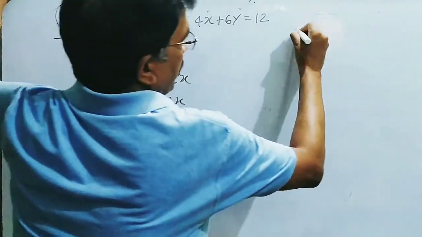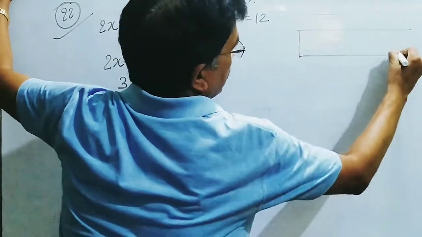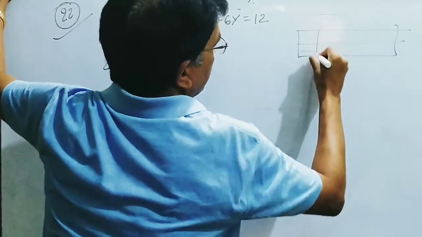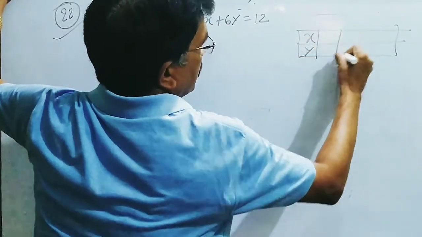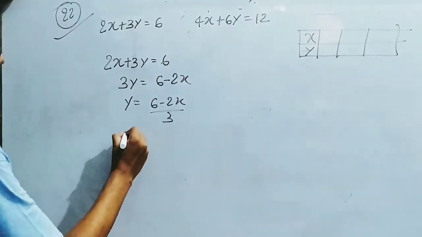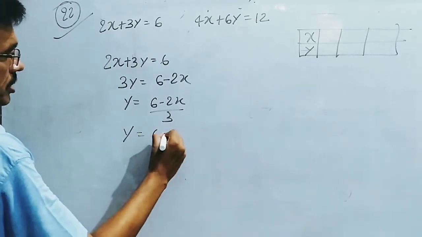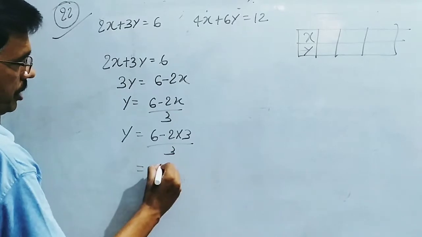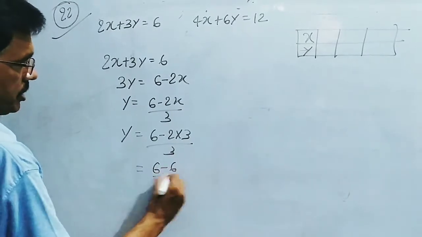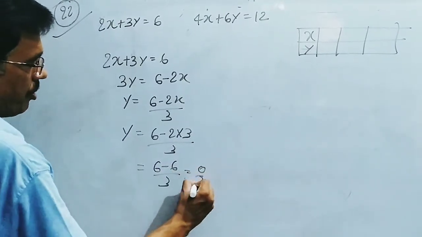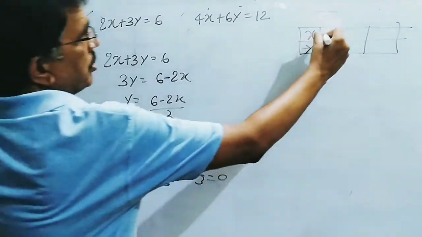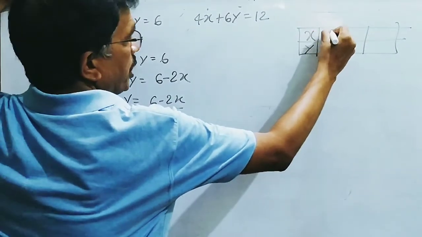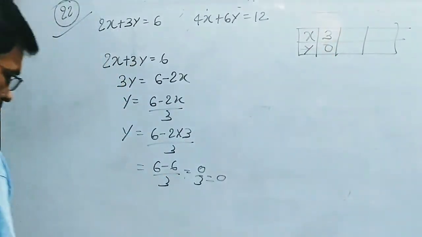Now here draw the table. That is here 3 solutions, that is x, y. For x = 3, we write (6 - 2 into 3)/3. That is (6 - 6)/3, that is 0/3, hence 0. So x is equal to 3, then y is equal to 0.